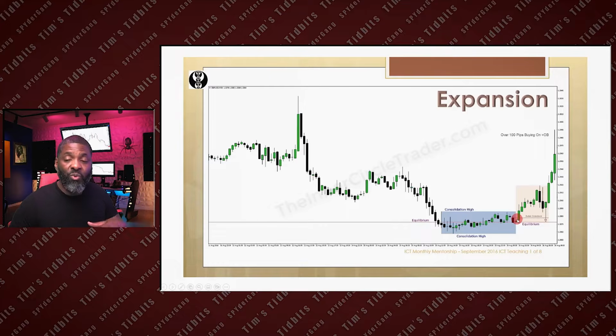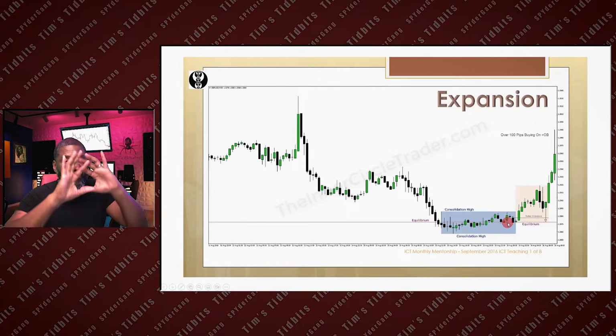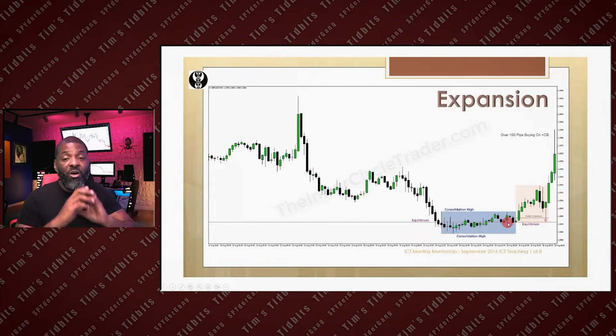You can start to frame your trade setup based off of the expansion here around where is the order block, right? You can start to shape your trade setup. You can start to look for your trade setup. You get what I'm saying, right? So expansion is always tied to an order block.